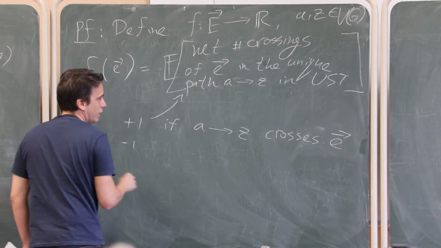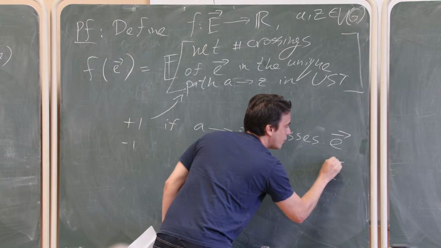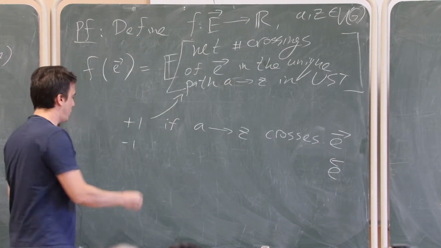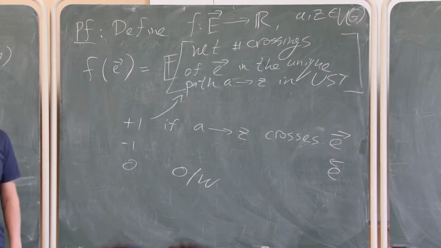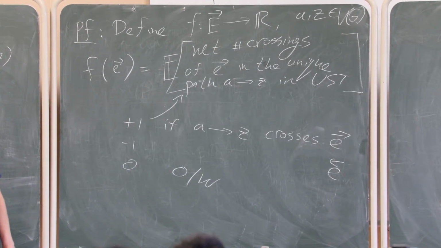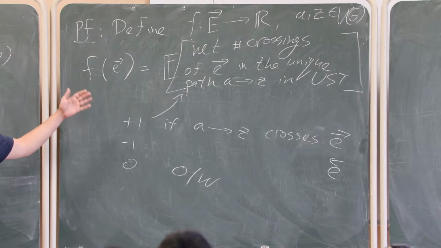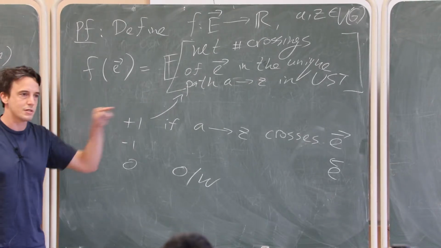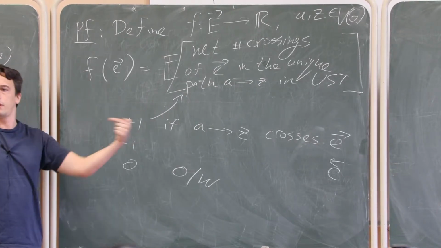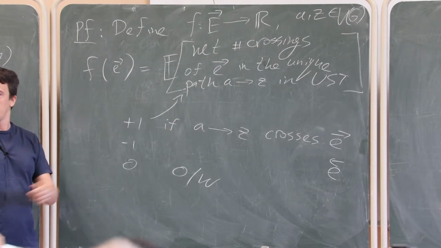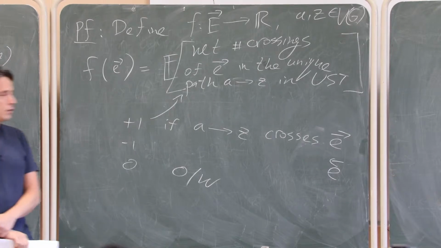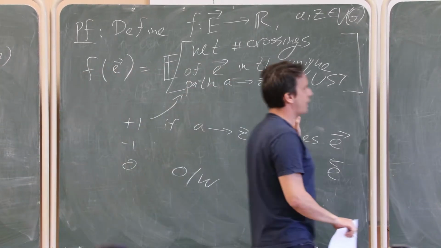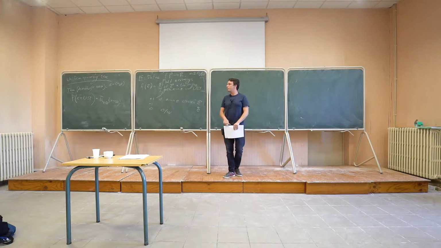It's -1 if it crosses e in the other direction, right? And it's 0 otherwise. Okay? So really, this is just the probability that the unique path crosses the edge this way minus the probability that it crosses it the other way. Okay, is the definition clear? Right, so all we're using is the fact that there is a unique directed path from A to Z.